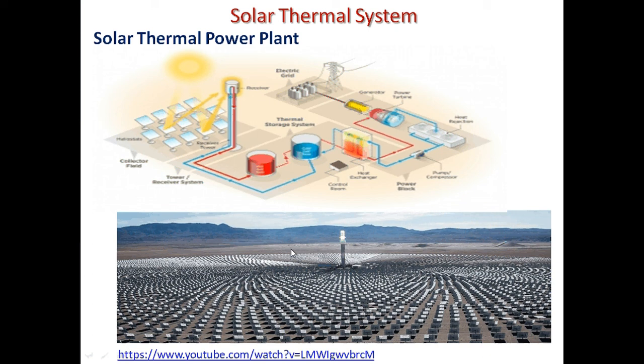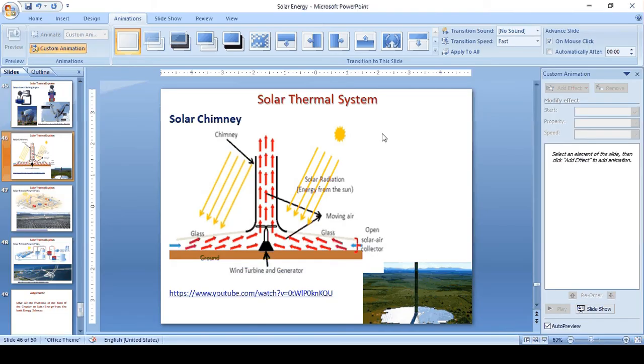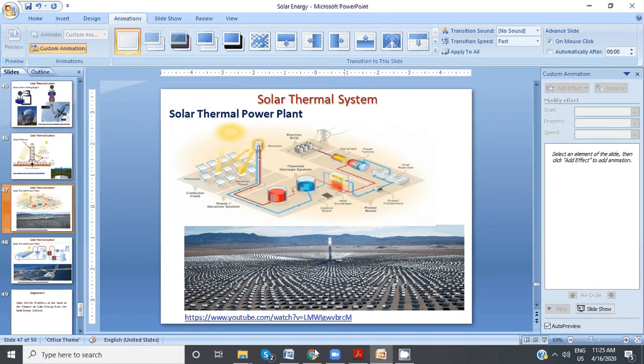You only have the mirrors, which focus all the solar power into a small area. Because of this there is a lot of heat generated, and that heat is used to melt the salt, and this molten salt is used in the boiler to convert water into steam. So let's have a look again in the form of a video here.